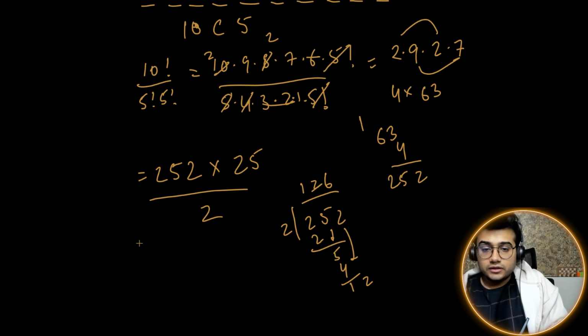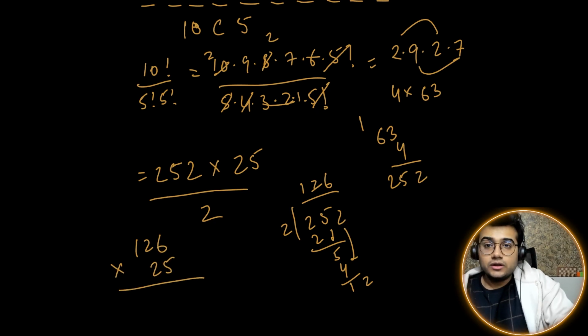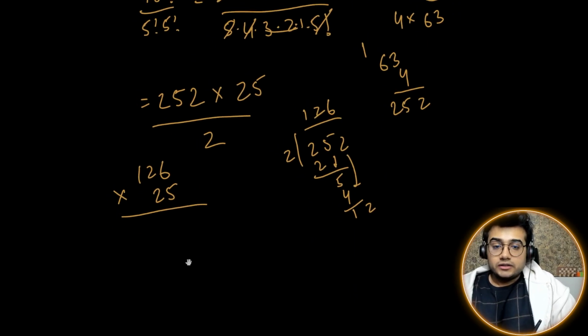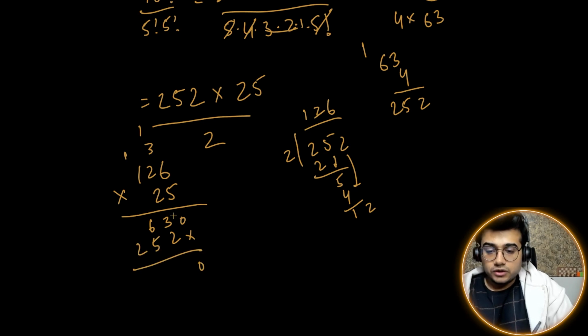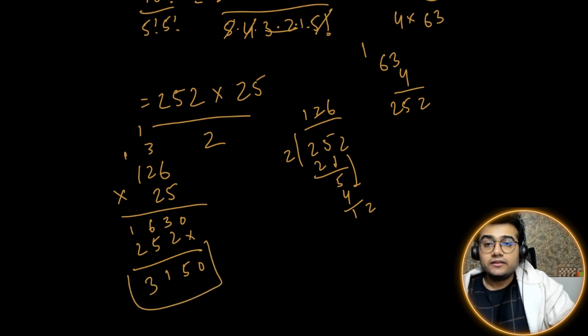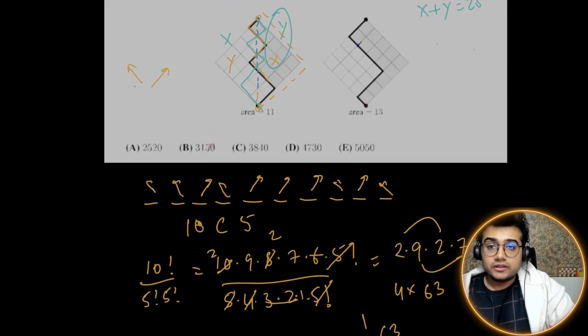So we get 126 times 25. Let's multiply that out. 6 times 5 is 30, 5 times 2 is 10, plus 3 is 13, and then 5 times 1 plus 1 is 6. 6 times 2 is 12, 2 times 2 is 4 plus 1, 5, and then 1 times 2 is 2. So it's 3150. That is the answer that we needed, and the answer is B.